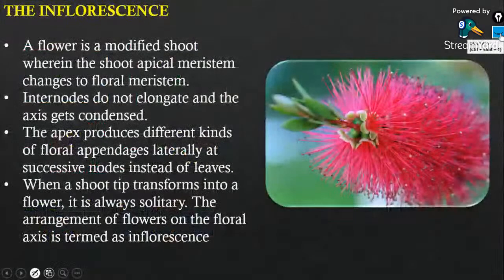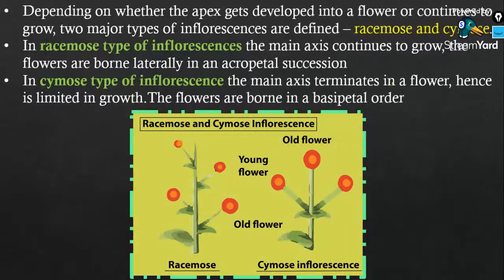Okay, so let's study the two types of inflorescence. I will show you the image of racemose and cymose inflorescence in the next class. Right now, I will tell you the definition.